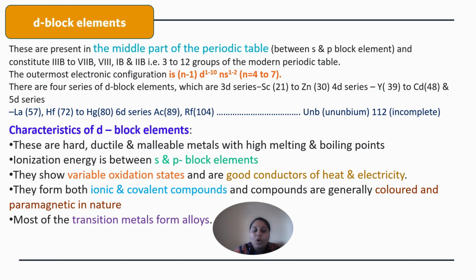They form both ionic and covalent compounds, and these compounds are generally colored and paramagnetic in nature, which consist of unpaired electrons. And these transition metals basically form alloys.